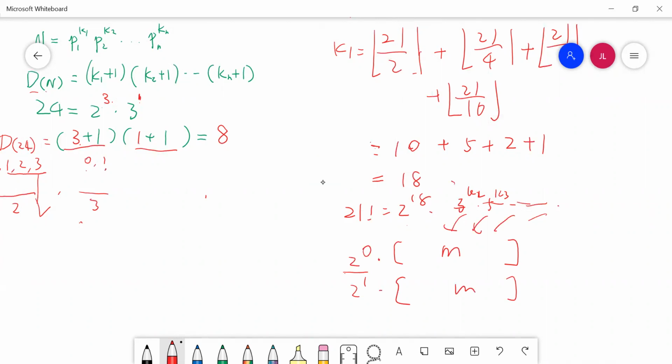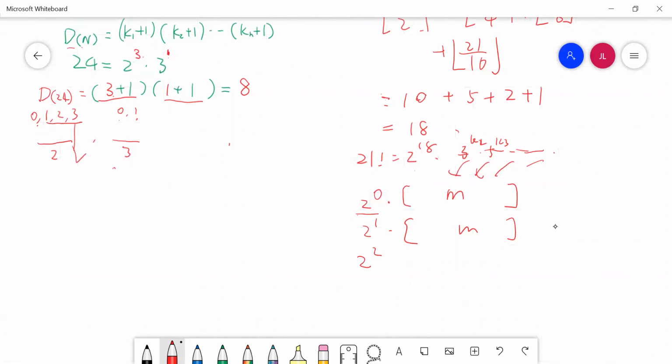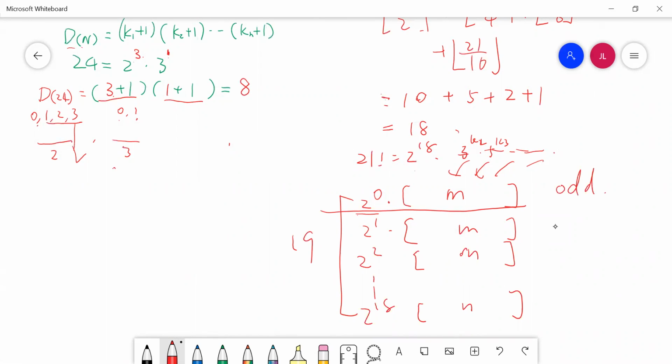That makes an even factor, right? We can have other ways to make factors, 2 to the power 2 all the way to the power 18. Each of these has m ways. So you can see each case is equally likely. The total will be 19 cases. One of them is the odd factors. The rest will be even factors. So you can see the probability of being odd is just 1 over 19.